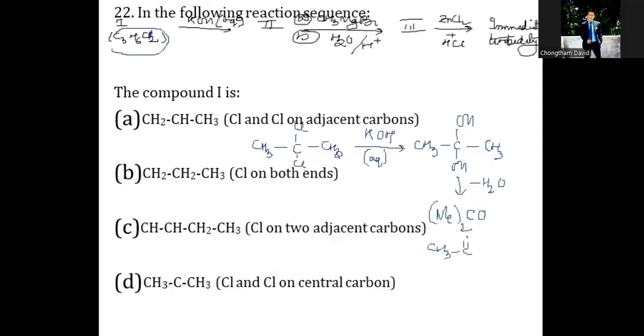CH3, doesn't matter, same thing. From this, add the Grignard's reagent as given in the instruction. Grignard's reagent is given here, CH3MgBr, which is methyl magnesium bromide. And further hydrolysis after addition of Grignard's reagent followed by hydrolysis in acidic medium will give your alcohol.